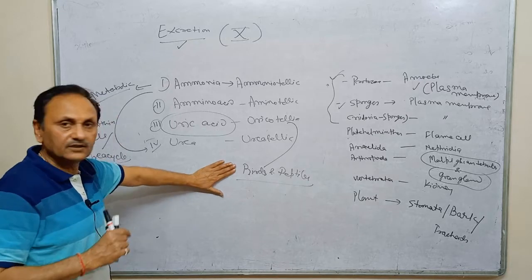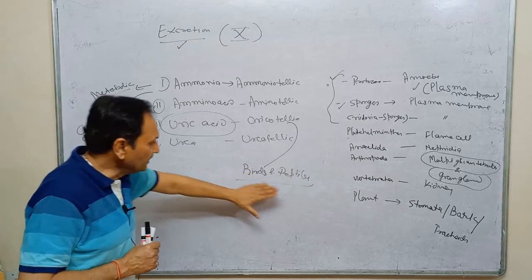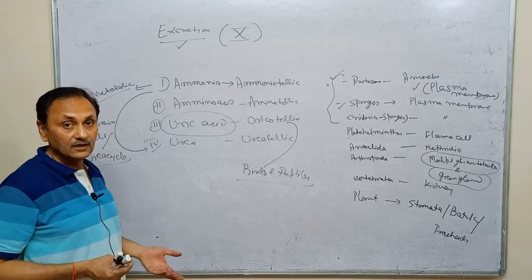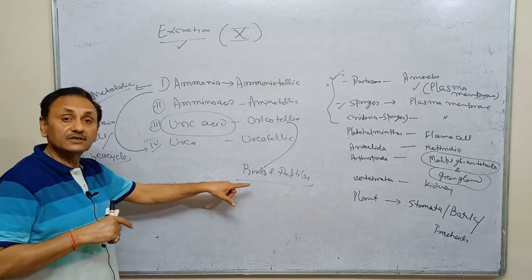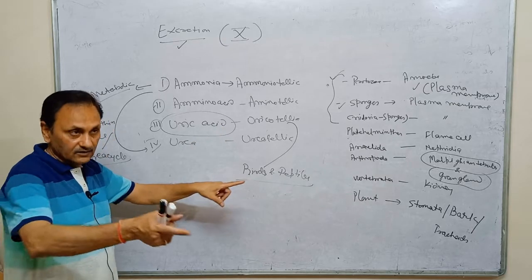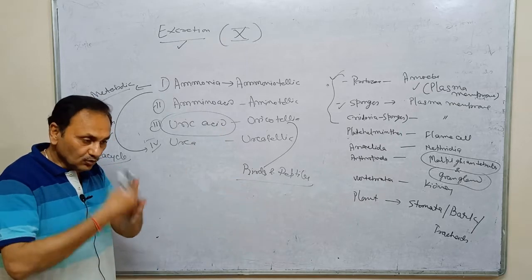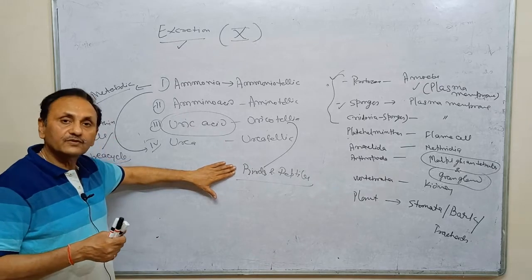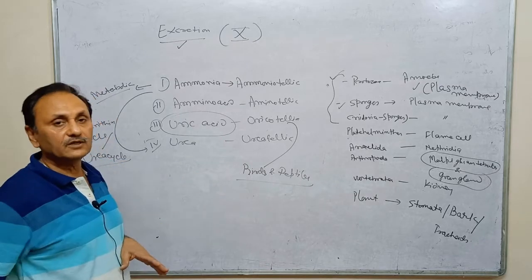In birds, it is a whitish semi-liquid substance, and in reptiles, a whitish granular substance is laid out. That whitish substance is the uric acid and the other substance is the stool. So the stool and the nitrogenous waste are eliminated simultaneously.